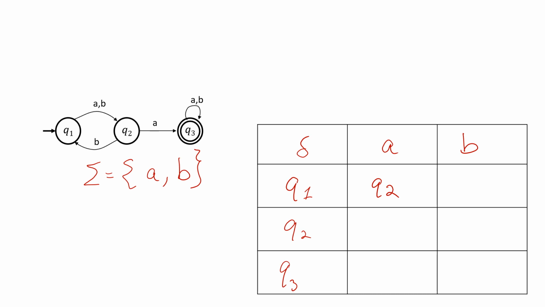And even though I only drew one arrow here, that also represents a transition for B, so delta of Q1 and B is going to be Q2 as well. And so on. I recommend taking a moment to fill in this table. You can pause the video.